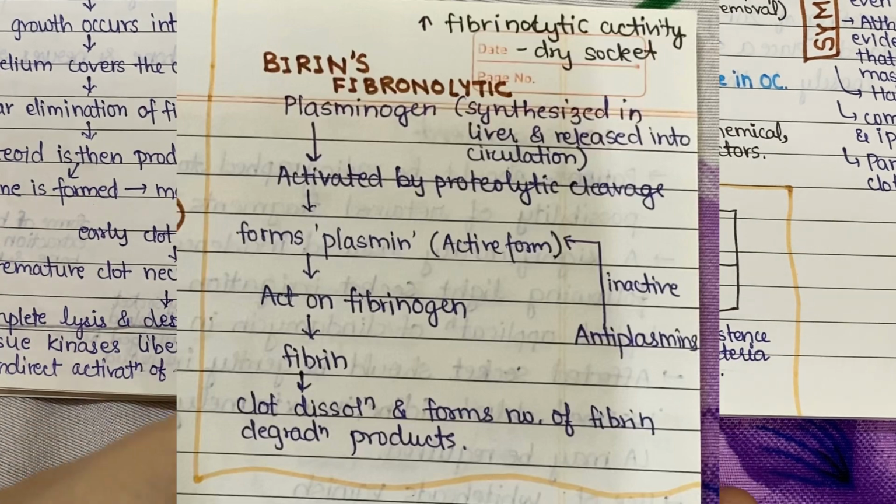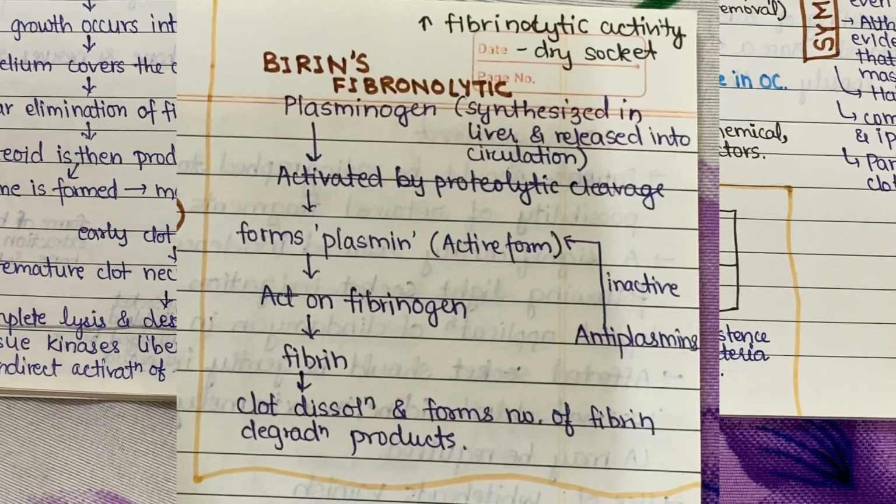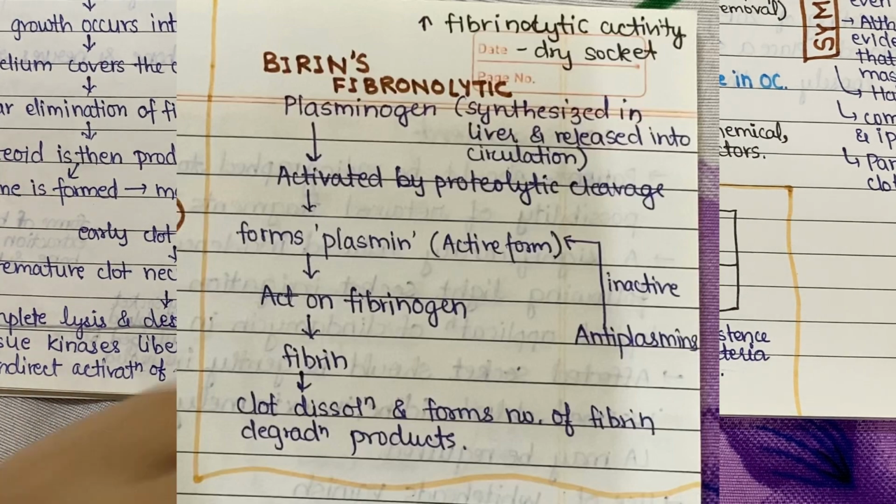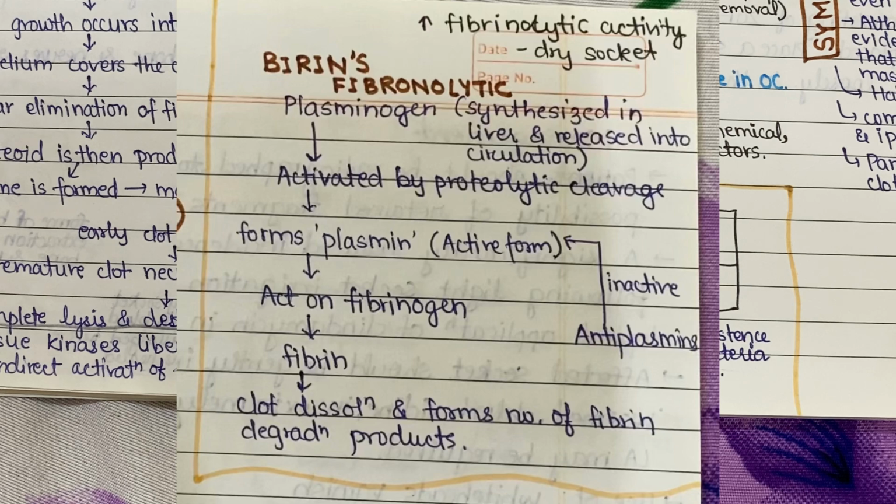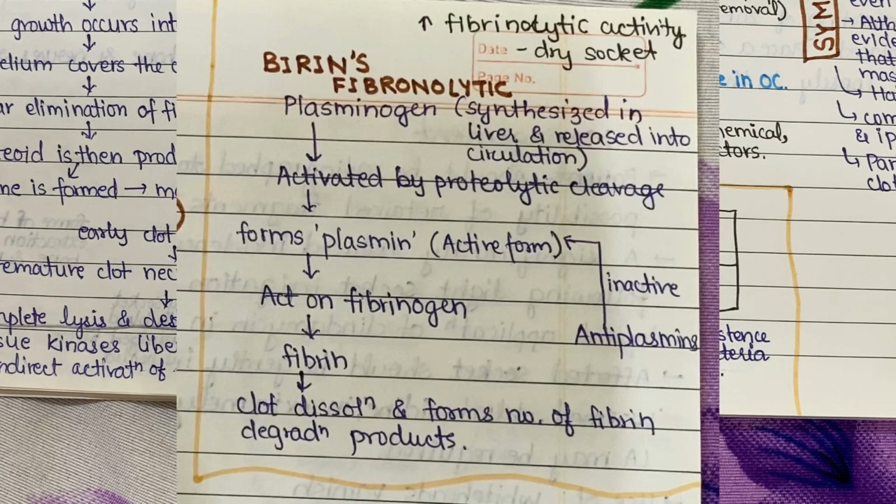So this is basically Bean's fibrinolytic theory, in which he stated that plasminogen finally forms the active form known as plasmin, and this plasmin acts on fibrinogen and fibrin, and this causes the clot dissolution.